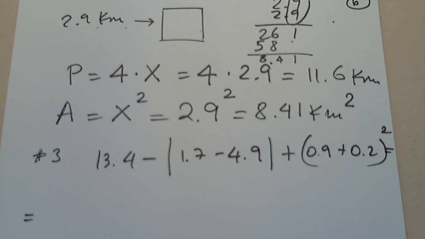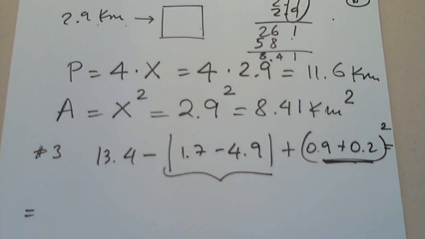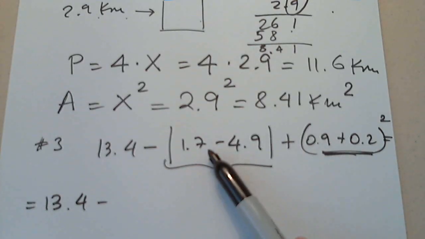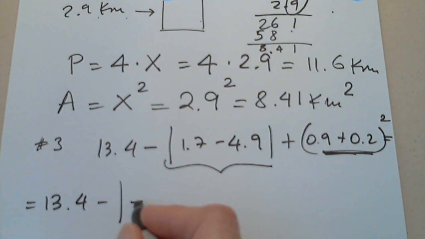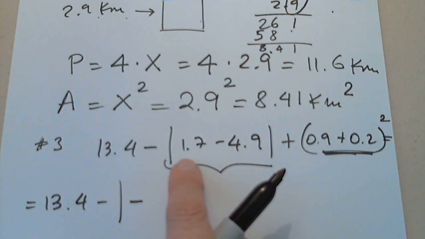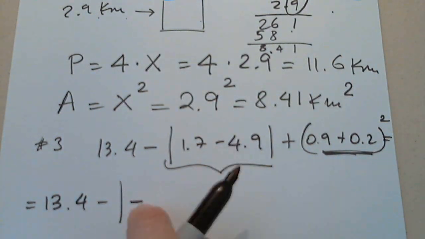The absolute value, at the same time with what we have in parentheses. Excellent. So 13.4 minus. Now, I know that the sign in the absolute value will be negative. Why? Because 4.9 is bigger and stronger than 1.7. Because it has a negative sign, the outcome will be negative.